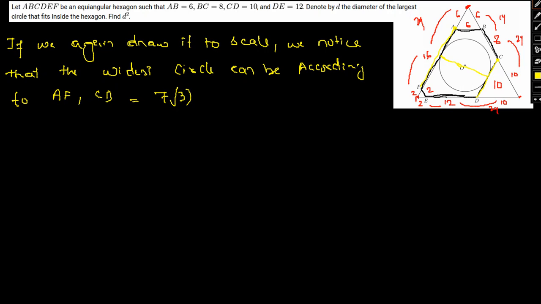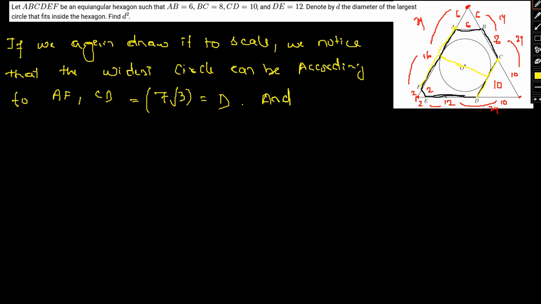That length could easily be found by drawing a triangular method, and using the height of a trapezoid, or simply between two parallel lines, what is the maximum height that we could have? That comes out to be 7 root 3, which will be equal to the diameter. I hope this much is clear.